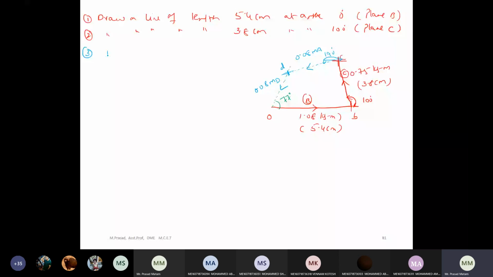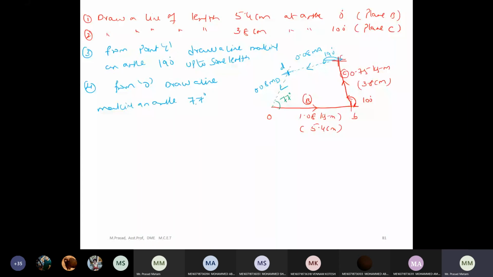From point C, draw a line making an angle of 190 degrees up to some length. We don't know this length. Next, fourth step, from O, draw a line making an angle of 77 degrees.